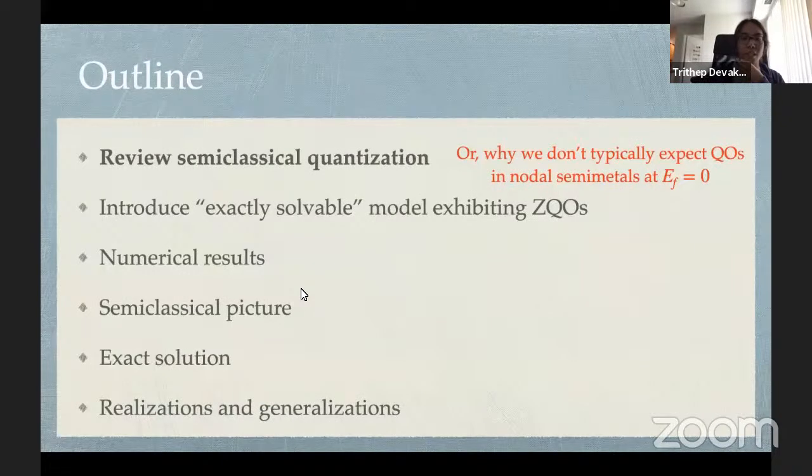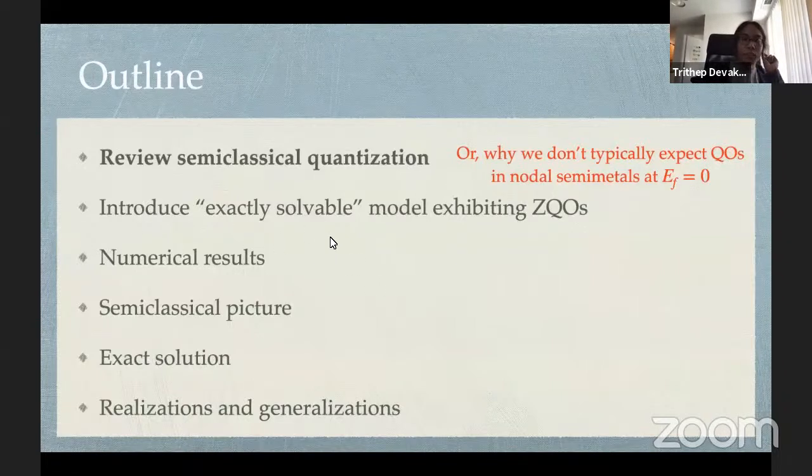Okay, and if there are any questions, please feel free to interrupt. So, a brief outline: I'm first going to review some semi-classical quantization, and explain why we typically don't expect to see quantum oscillations in nodal semimetals when the Fermi energy is set to 0.